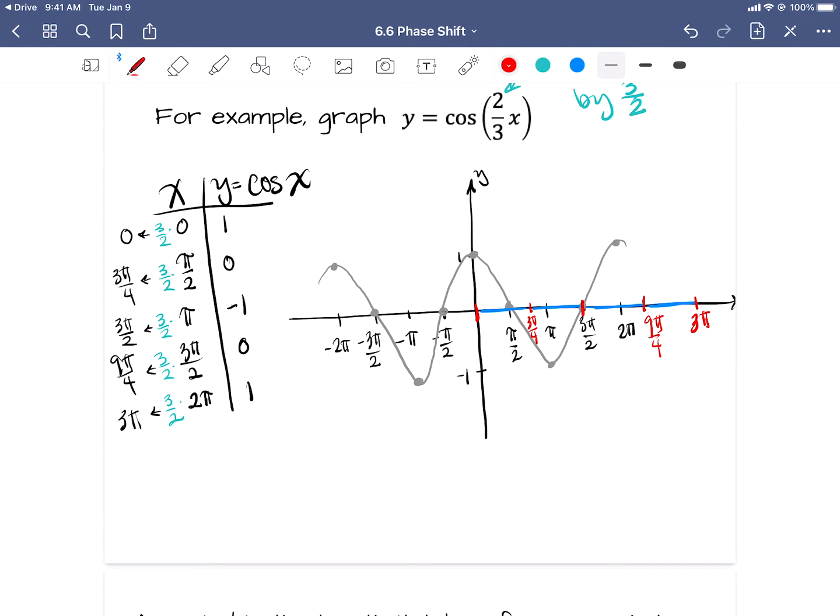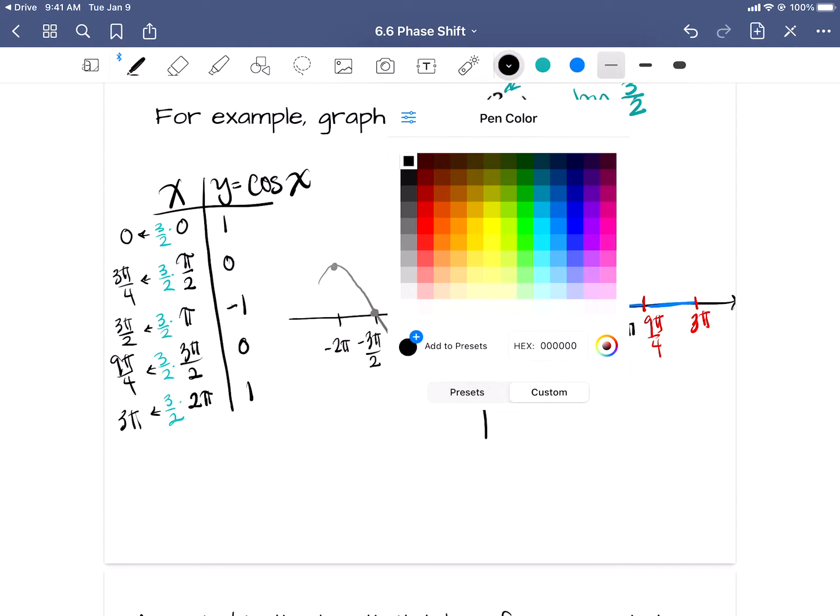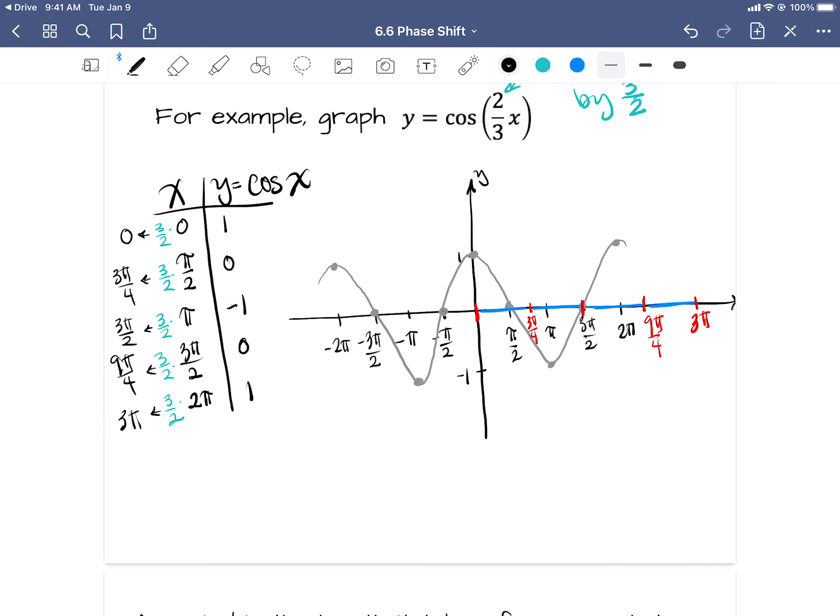So here we have, let's graph them in black, a stretched cosine curve. It's taking a little bit longer to finish its cycle. So 1 period of cosine is a half a W. And then I can extend it on the other side by using the same pattern that's on the right side.